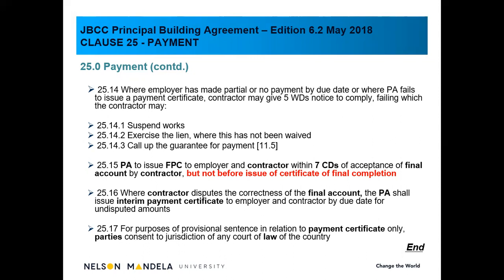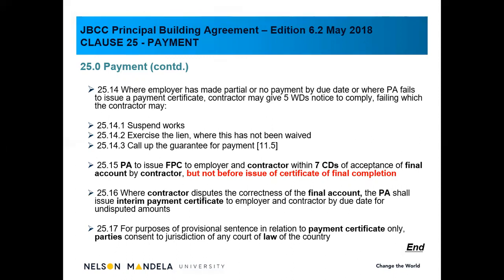In other words, we're all familiar with the contractor's lien, where this has not been waived, it is still in order, or call up the guarantee for payment. In other words, the contractor has to provide, as I've mentioned, a construction guarantee. The employer will have to provide a payment guarantee. So if the employer is not paying, the contractor can stop the work. He can call up his construction lien, or he can call up the payment guarantee.